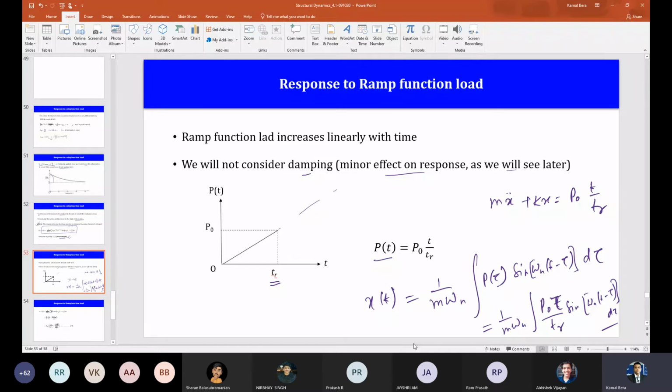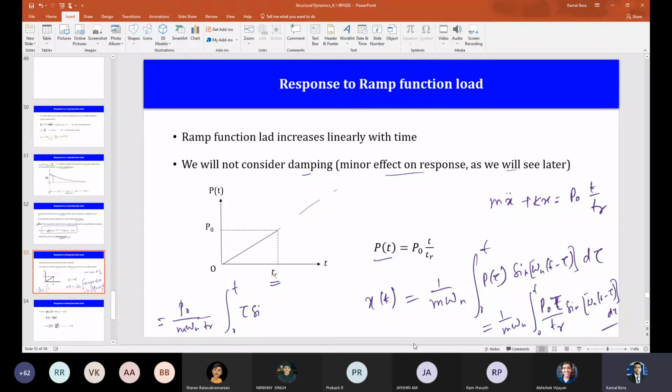So P naught is constant, right? So P naught will come out. Then TR is also constant, so we are considering it as a certain rise time. So P naught TR will come out. And so that means I can write P naught m omega n by TR, integral 0 to t.